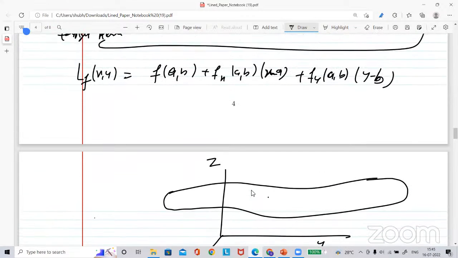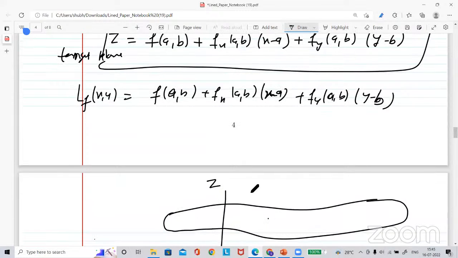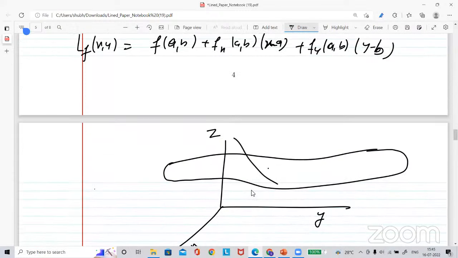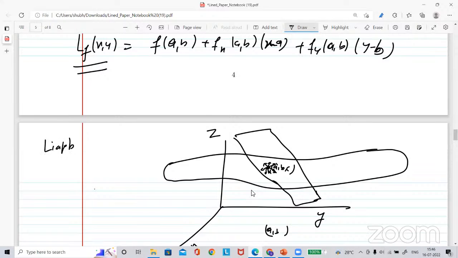If you draw the tangent, suppose this is the equation of the tangent at this point A, B, C. Now what is happening here? This function will help you find linear values around this point. With linear approximation, you are approximating your function.